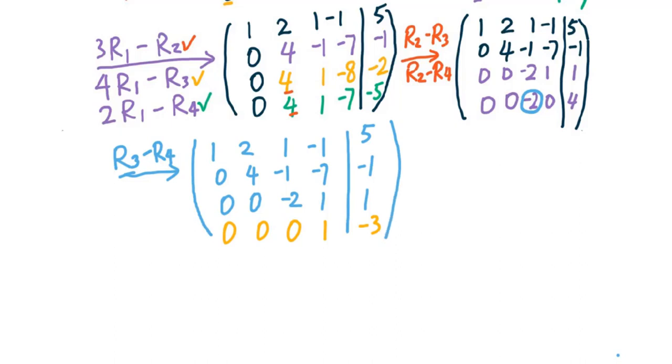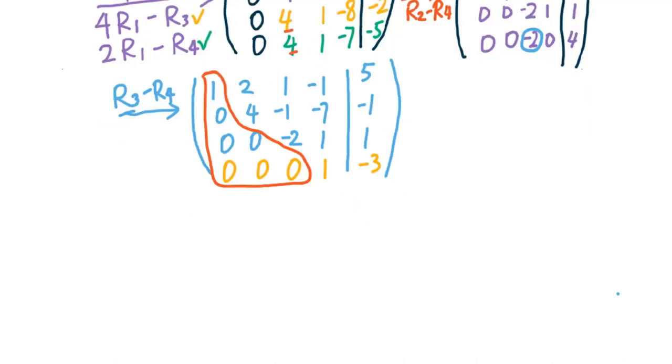When you get this pattern, then you stop. We will change this into a system of equations. We know our variables are x, y, z, t. Therefore, these numbers will be the coefficients for x, y, z, t. From the bottom, we write 0x, 0y, 0z, and 1t equals negative 3.